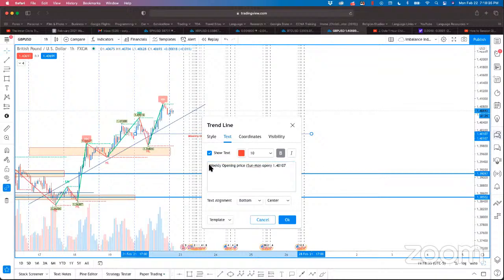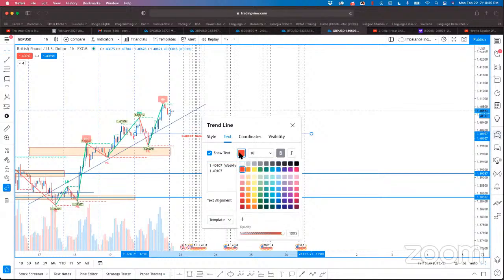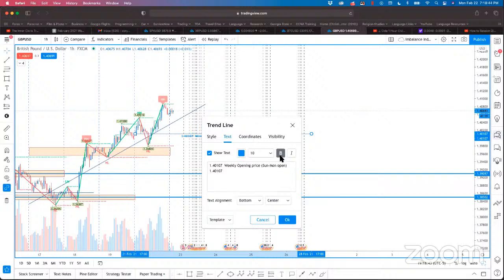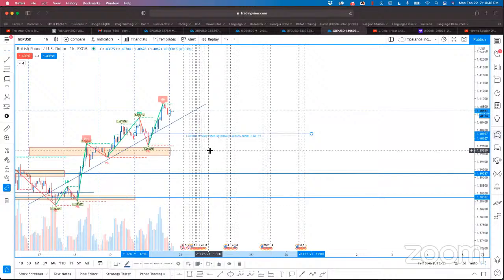I just draw it out on here just so I know. It traded bullish on the opening and is still bullish for the week. So GU is bullish for the week. I know that because I'm above this line.